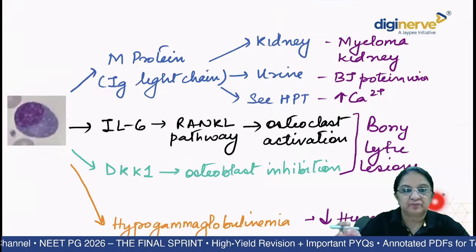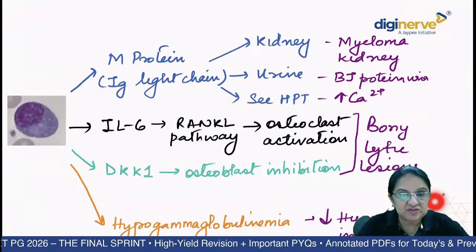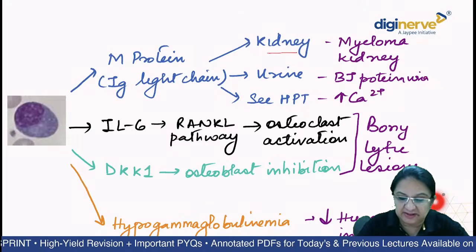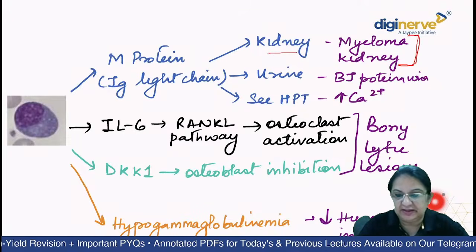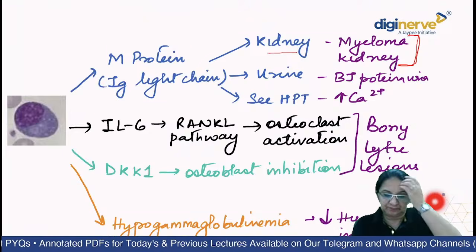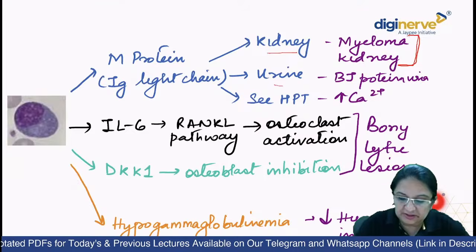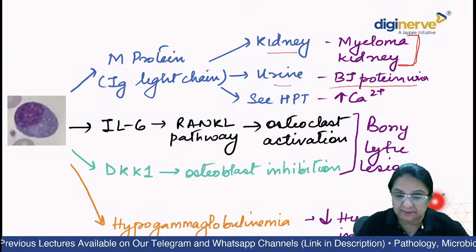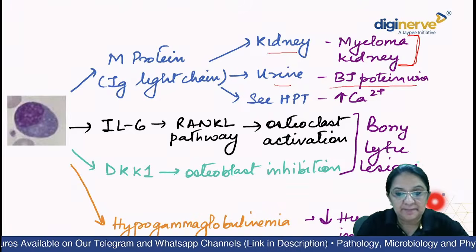Now, this plasma cell produces M protein. What does this M protein do? It acts on the kidney to produce myeloma kidney. Okay. Myeloma kidney में you will see renal damage. Then in the urine, it will produce Bence-Jones proteinuria.